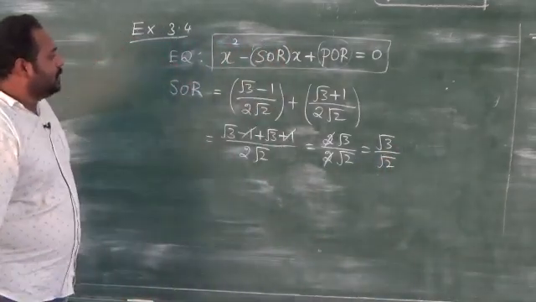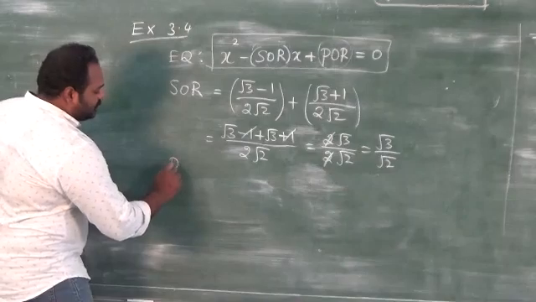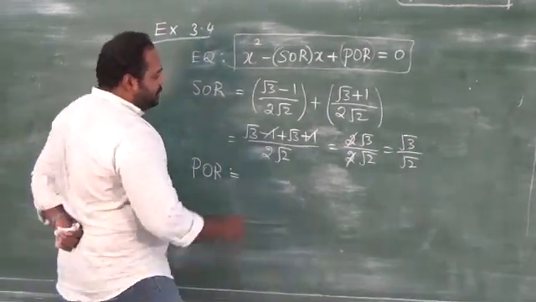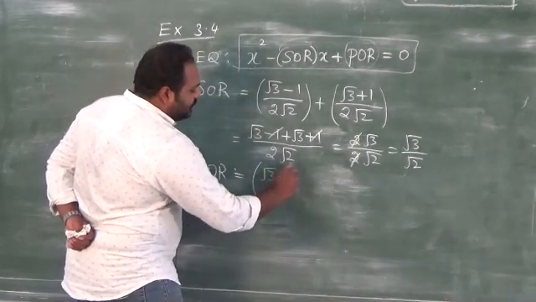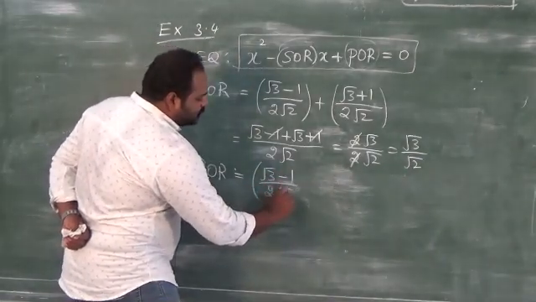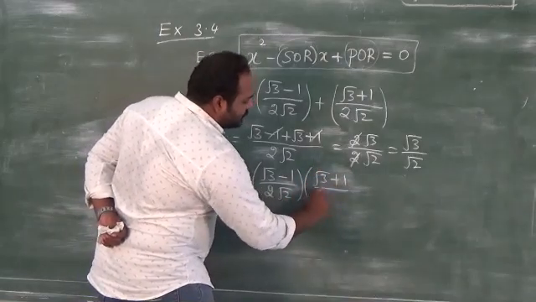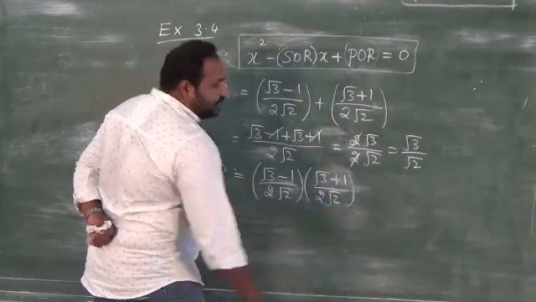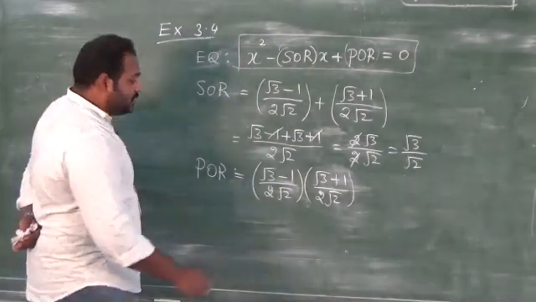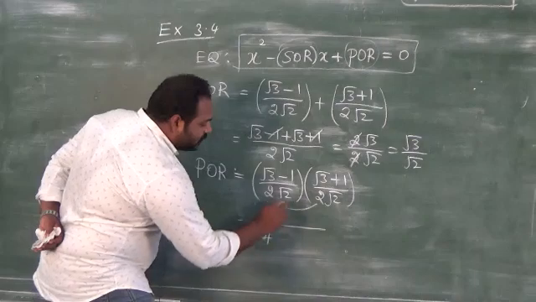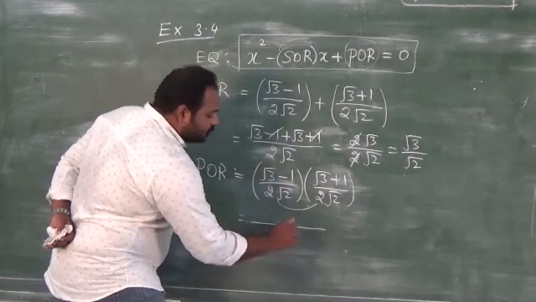Okay, now the product of the roots. Root 3 minus 1 by 2 root 2, into root 3 plus 1 by 2 root 2. Just multiply numerator and numerator, denominator and denominator. What is the denominator? 2 into 2, 4. Root 2 into root 2, 2.